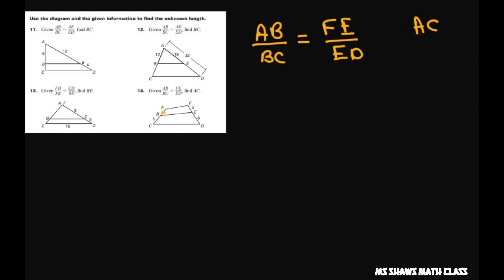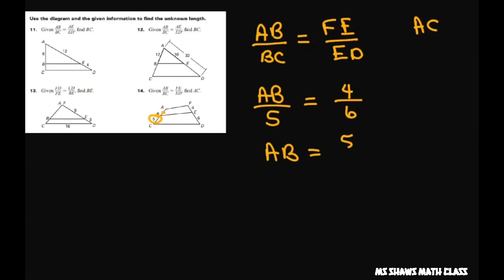So AB, we don't know what that is. BC is 5. And FE is 4. And ED is 6. So we can cross multiply here. It's easier if you reduce, but let's cross multiply.